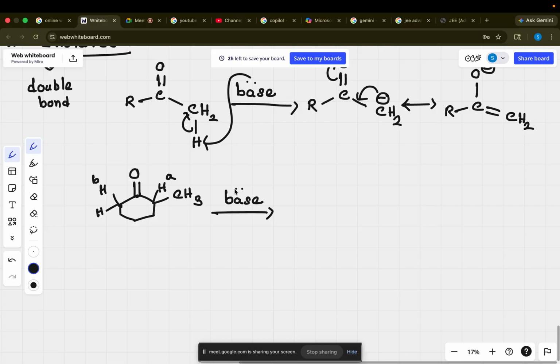So if it is abstracting this Ha proton, what will I get? You will get a negative charge here, right? And here you have double bond O. If I show the resonance, the negative charge is in conjugation, so write down the resonating structure.